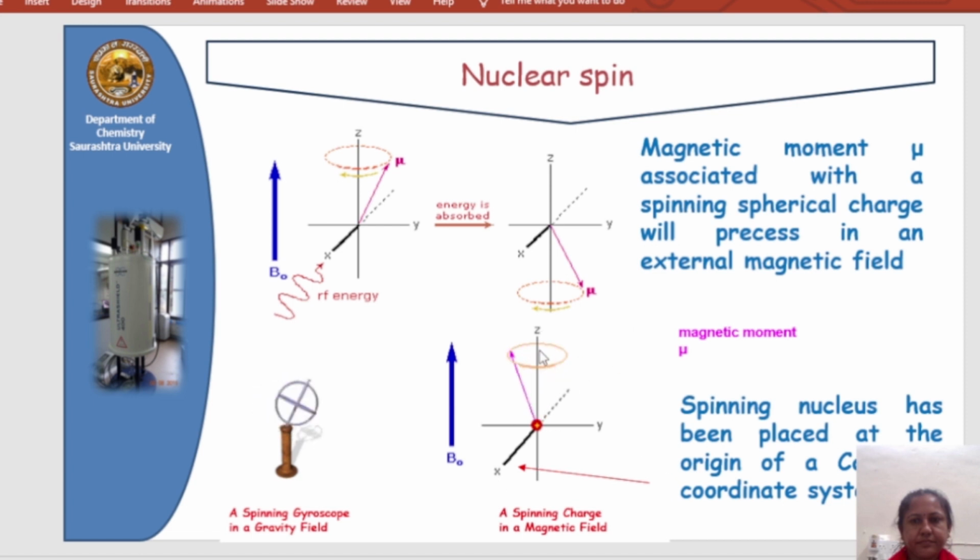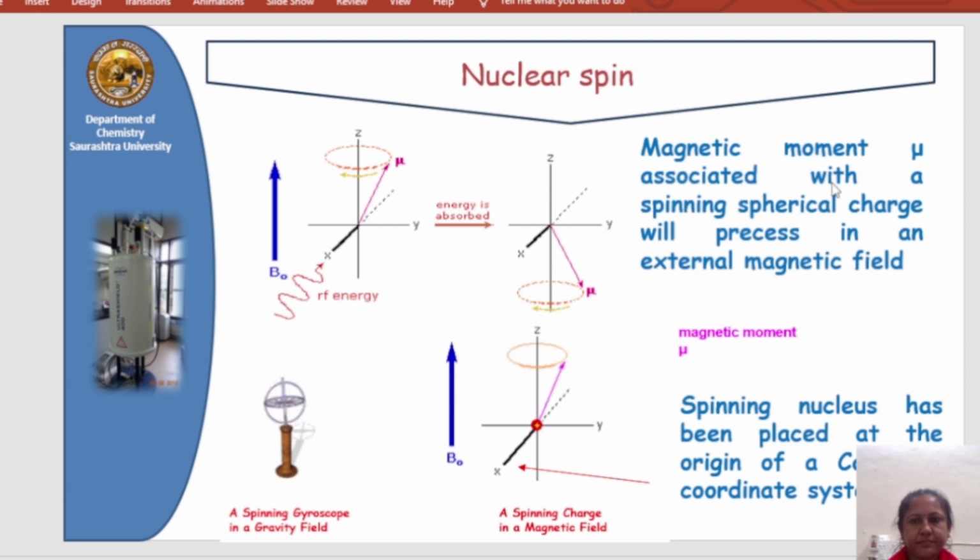Now in this condition, what happens? The external applied magnetic field is in that direction, and the vector will come onto the z axis. You apply the radio frequency, and it absorbs the energy. That radio frequency is on the y axis, meaning all three are perpendicular to each other.